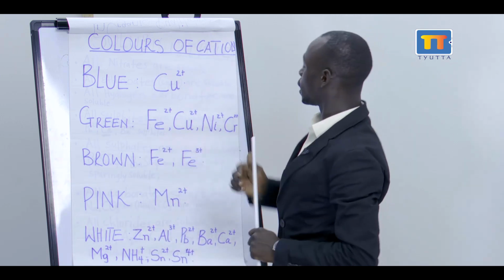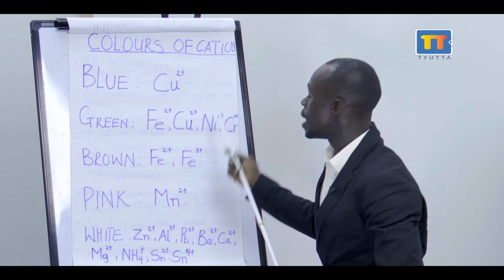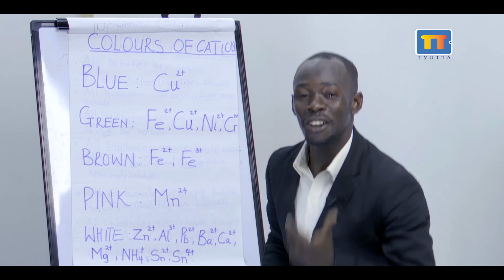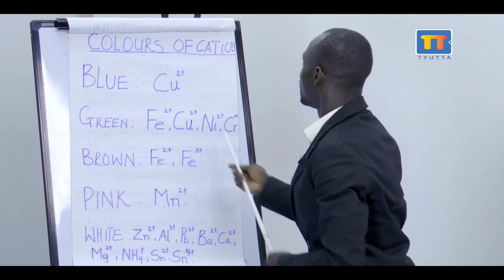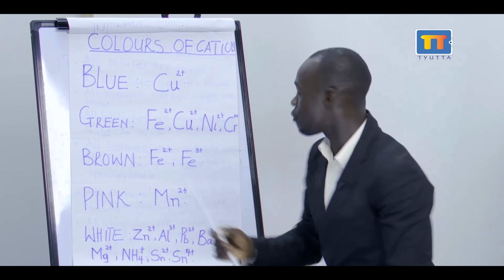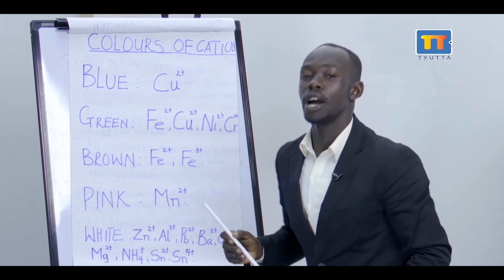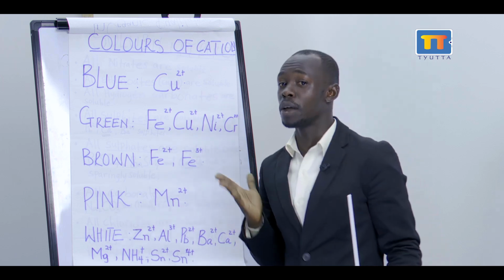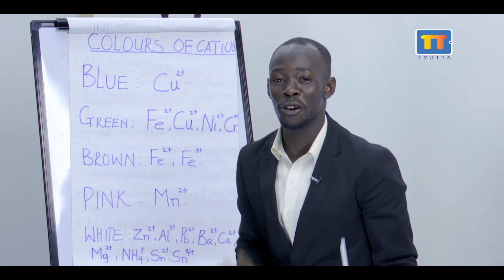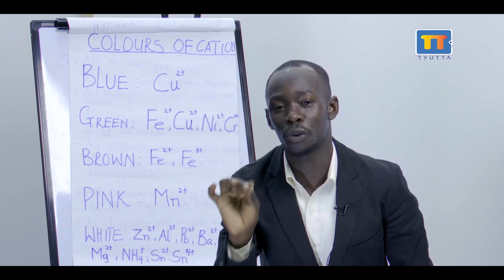Now in addition to that, we have also got nickel 2 ions. These ones are purely green in the chemistry laboratory. In addition to that, we have got chromium 3. Remember, chromium has got very many ions. But specifically, we are looking at chromium 3 to be the green one.